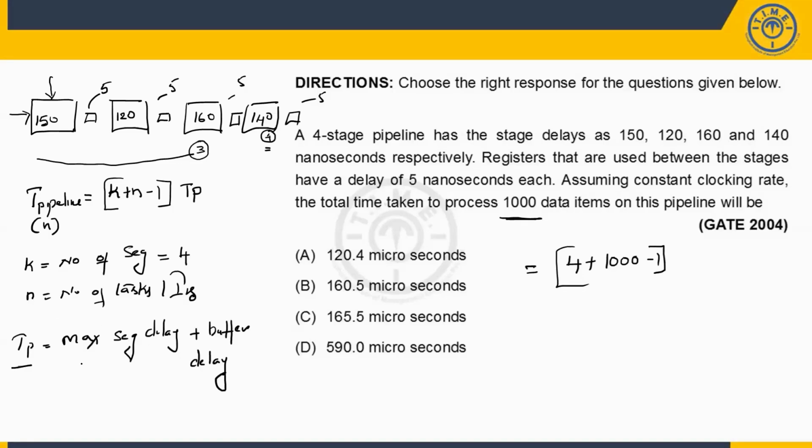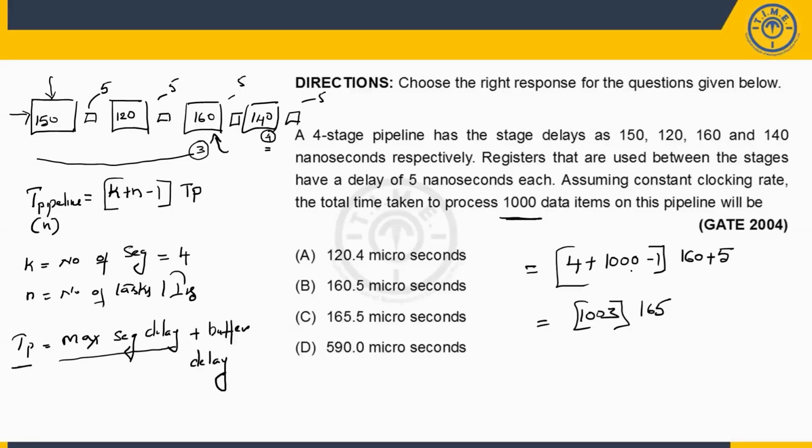What is TP? TP is the max segment delay plus max buffer delay. Max segment delay is 160 and max buffer delay is 5. Okay, that is 1003 into 165.